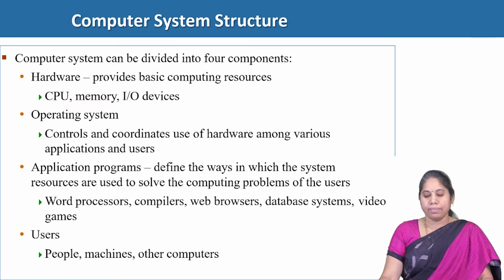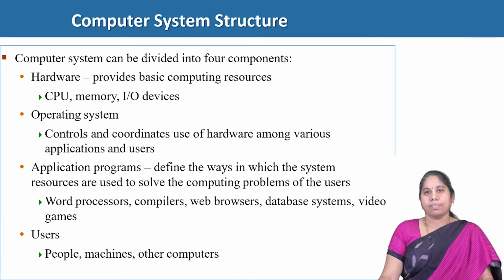All of you have seen the computer, and you may observe the different parts of the computer. Those are the hardware of the computer: CPU, memory, I/O devices, printer, and different parts of the computer that you have seen in a system.